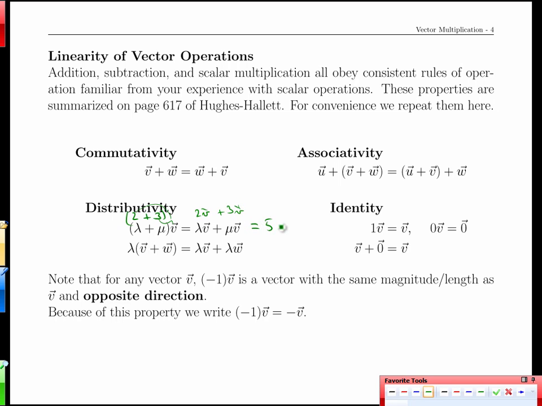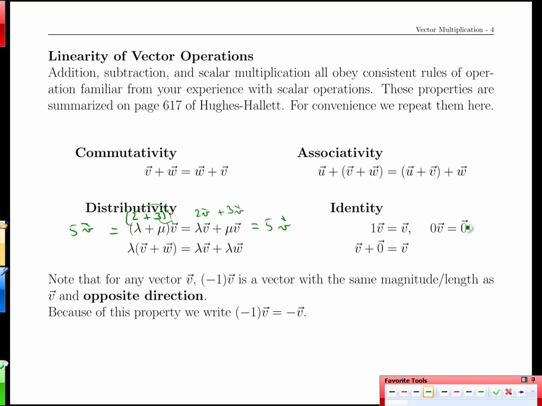We'd get 5v, which is what this side here would equal. And this law basically captures our intuition that whether we simplify what's in the brackets first, or whether we had two separate things that we could group the scalar multiples, we can do all the things we'd expect to do with multiplication like we usually see it done with regular scalars. The fact there's a vector on the end doesn't change anything.